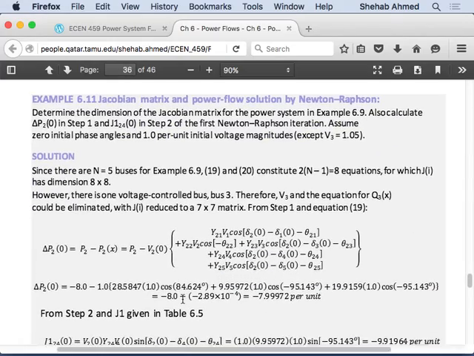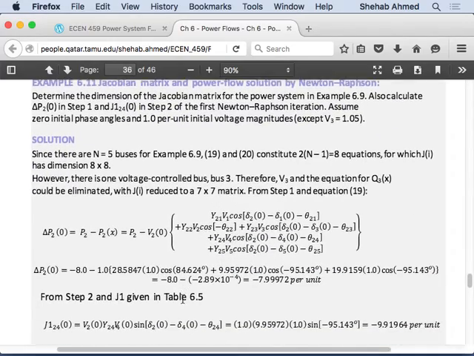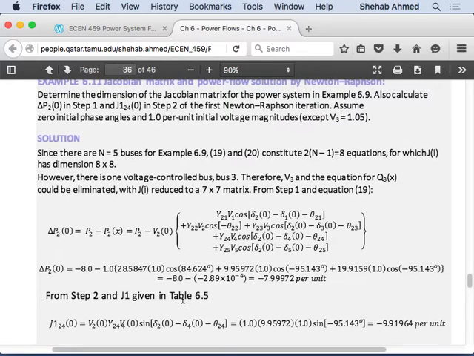Let's do an example. I think that would be good. Determine the dimension of the Jacobian matrix for the power system in example 6.9, and we did that. Also calculate delta P2. So they're looking for what? The real power sensitivity at bus 2 at iteration 0.